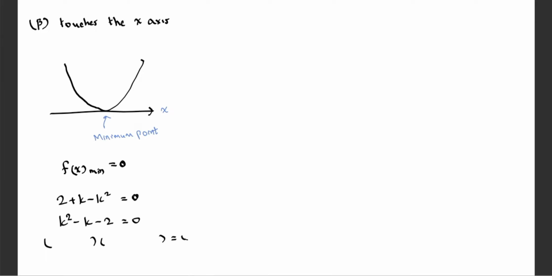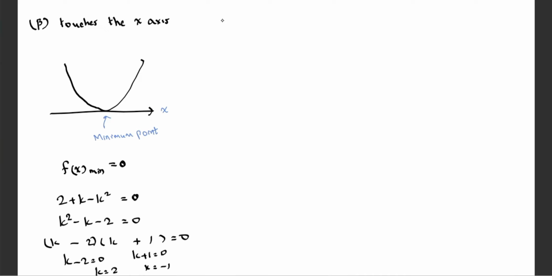You can factorize; you already know this factorization. 2 times 1, minus and plus. k minus 2 equals 0, k equals 2; k plus 1 equals 0, k equals minus 1.